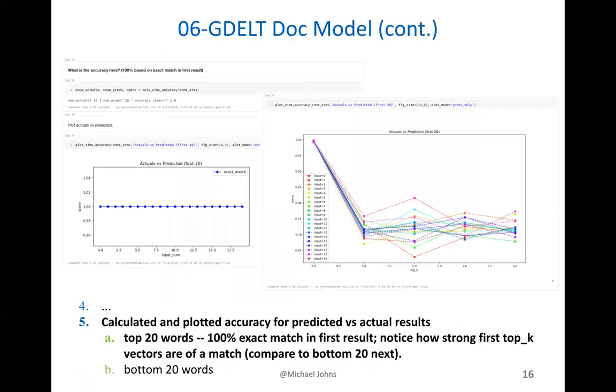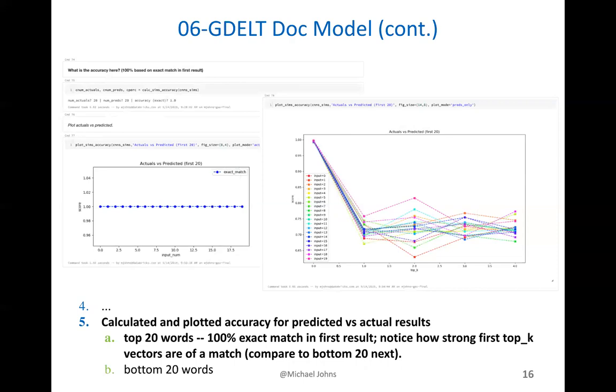When we break that out and look at it from an accuracy perspective, at the similarity scores that come out of the model, on the top 20 we actually got 100%. If we look at the first 20 words of the model, we got 100% accuracy, no misses. In fact, that shows up on the chart on the left.